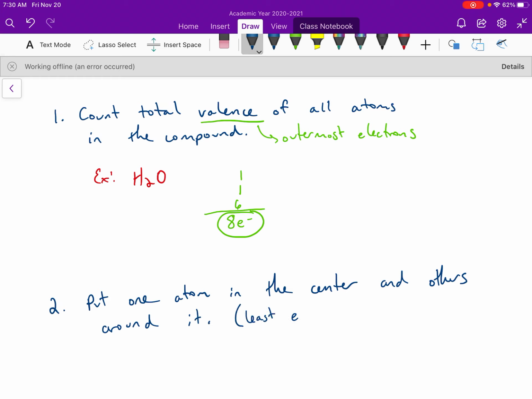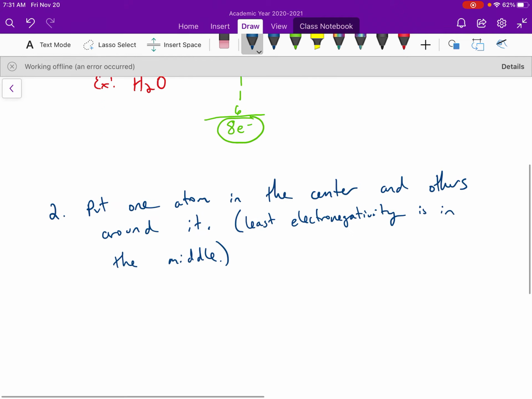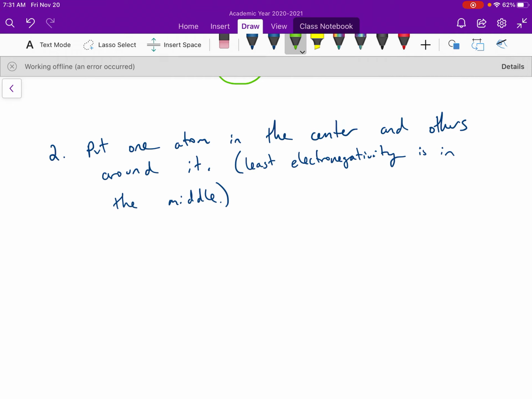The one with the least electronegativity is in the middle. There is one exception to this, and the exception is hydrogen. I'm going to tell you why.